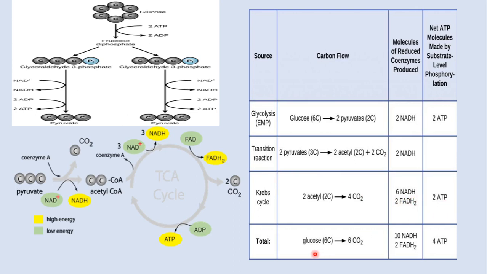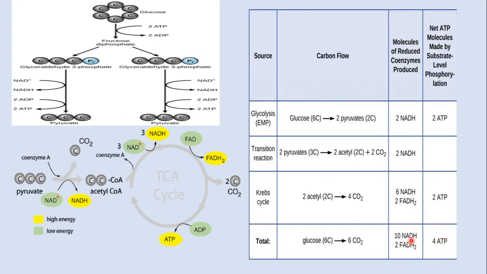So the total yield from glucose till carbon dioxide. Glucose has already got converted to carbon dioxide. That is the byproduct. We know during respiration there is release of carbon dioxide. So here the total yield will be 10 NADH, 2 FADH2 and 4 ATP. These are the direct energy molecules.